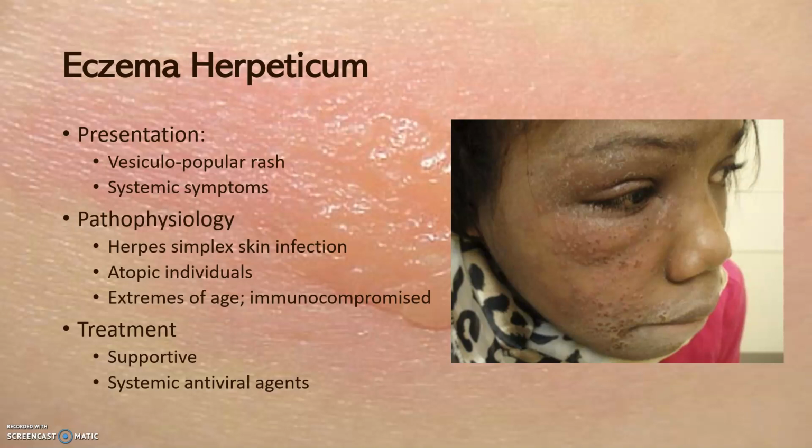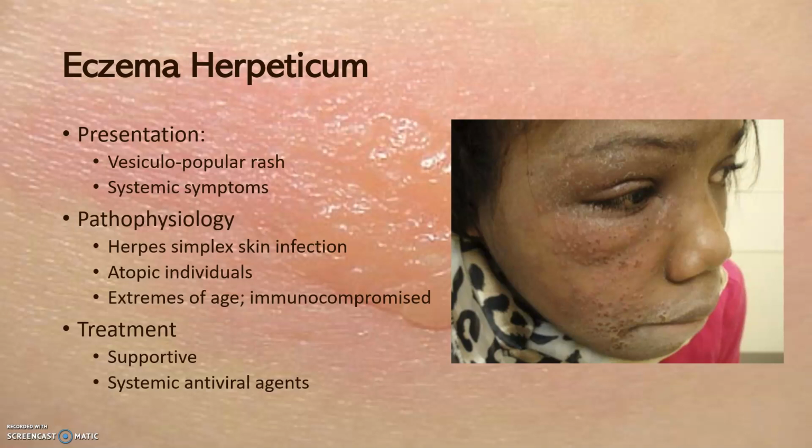This is something called eczema herpeticum. It's a vesiculopapular rash associated with systemic flu-like symptoms and sometimes prostration. It's really a superinfection of herpes simplex on another skin condition, particularly atopic eczema.